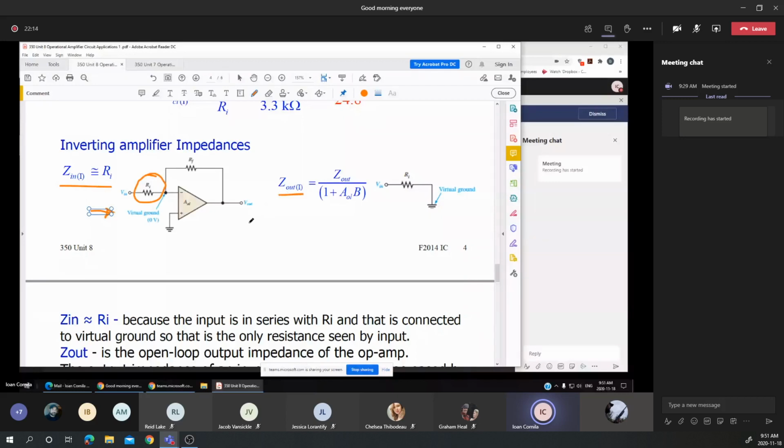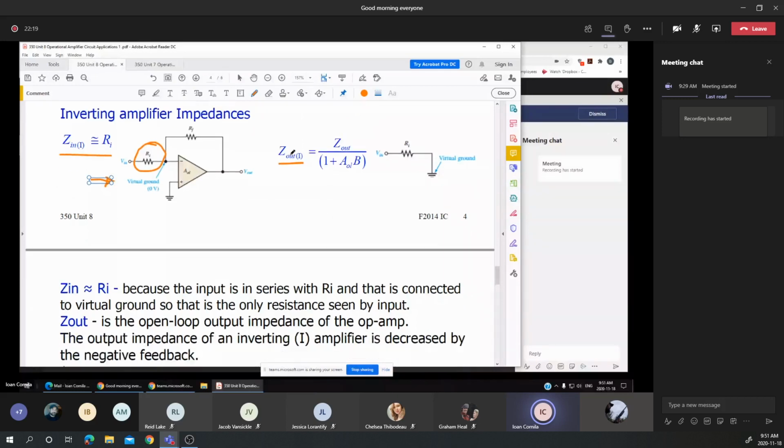The same expression for Z out applies to both: the output impedance of the operational amplifier divided by the bracket 1 plus the open loop gain multiplied by B, which is the attenuation.